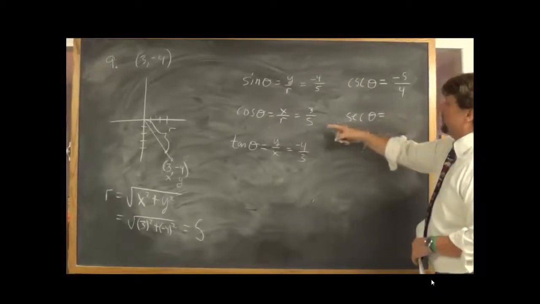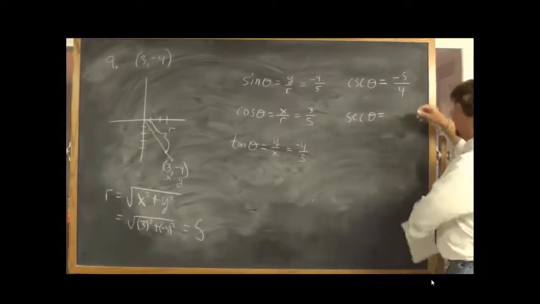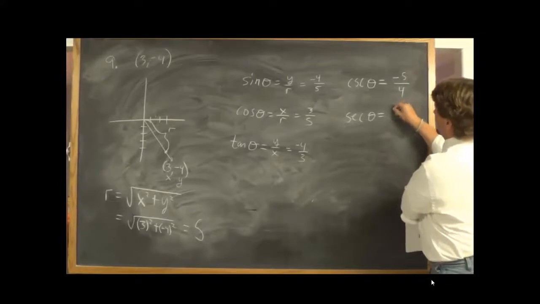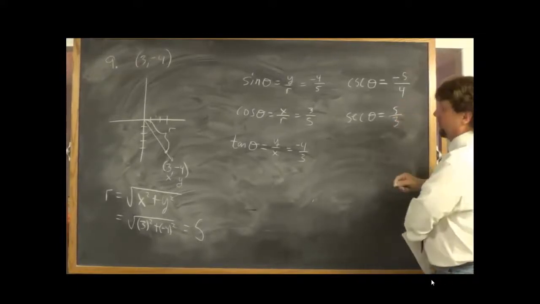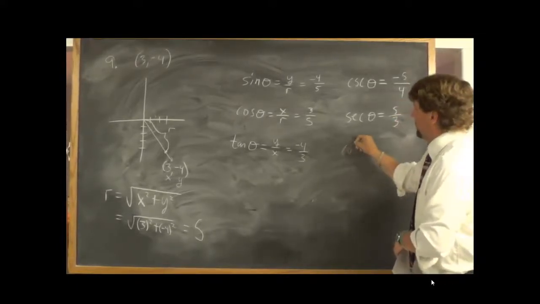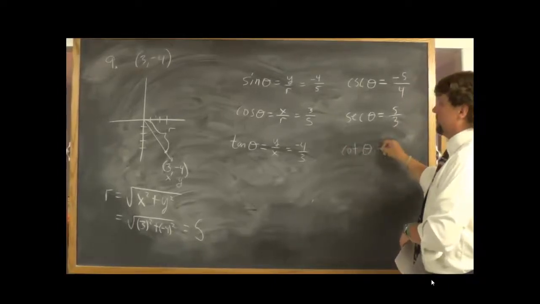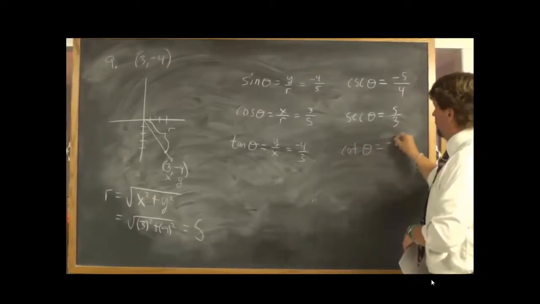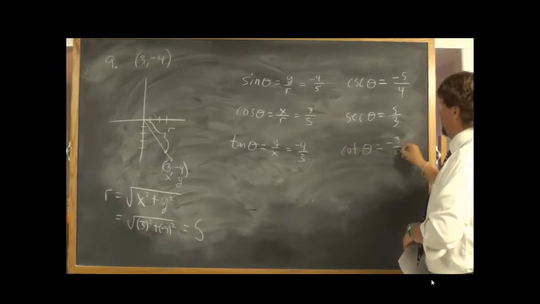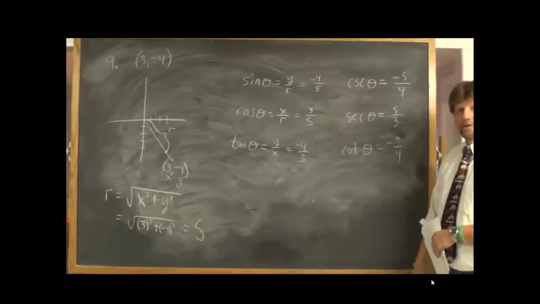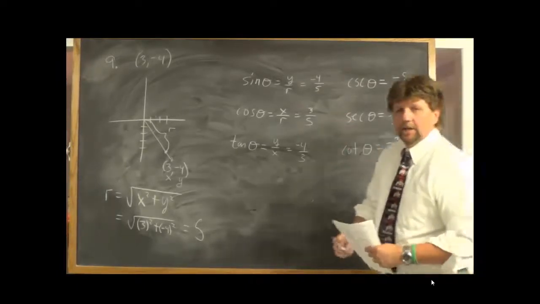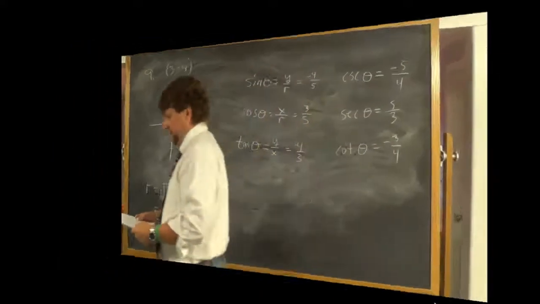Secant is the reciprocal of cosine. So I have secant is 5/3, and then cotangent is the reciprocal of tangent. So I have cotangent is -3/4. And folks, that's how you would do number 9.